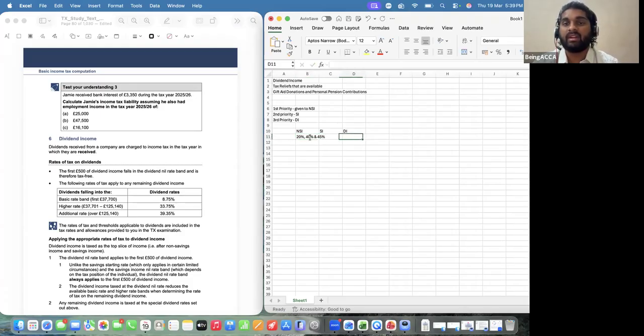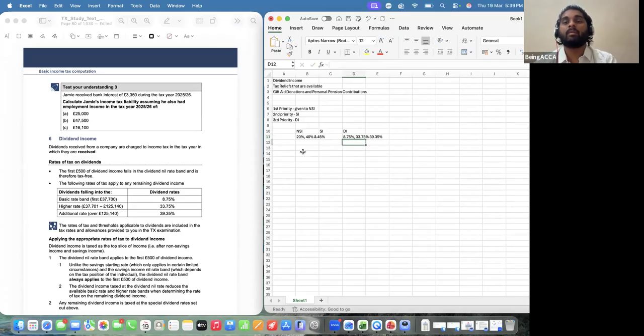But for dividend income, if the dividend income is falling in the basic rate band, then it would be taxed at 8.75%. Then, if it is falling in the higher rate, that is between 37,700 to 125,140, that dividend income would be taxed at 33.75%. And if the income is exceeding 125,140, it will be taxed at 39.35%.